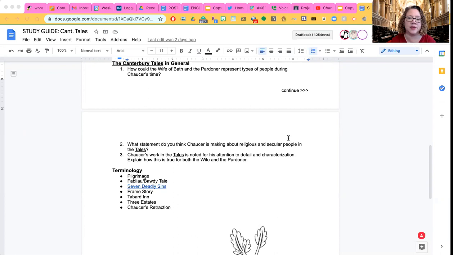And what he did was, this is just a paragraph, and you can find it on a page I'm going to find for you, because this is the same PDF that you have. In it, he retracted his work in a number of different works, because the Canterbury Tales isn't the only thing that he wrote.